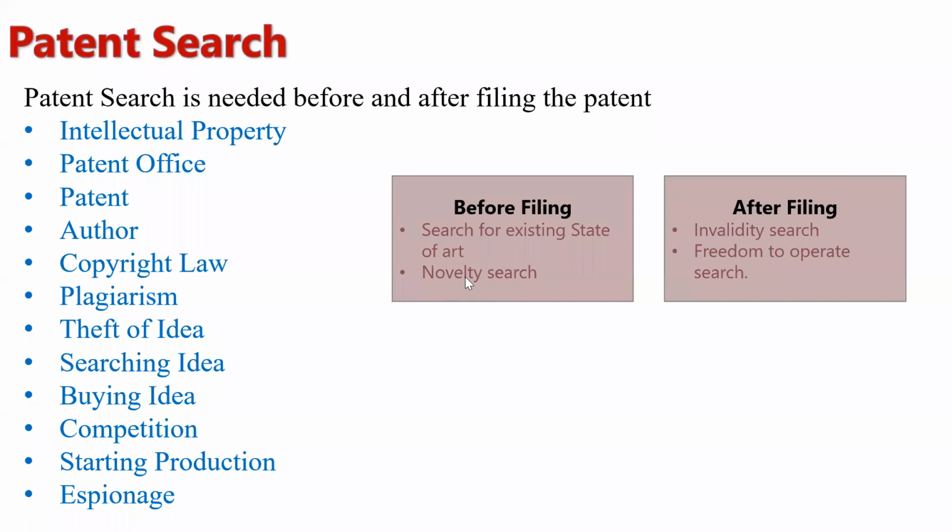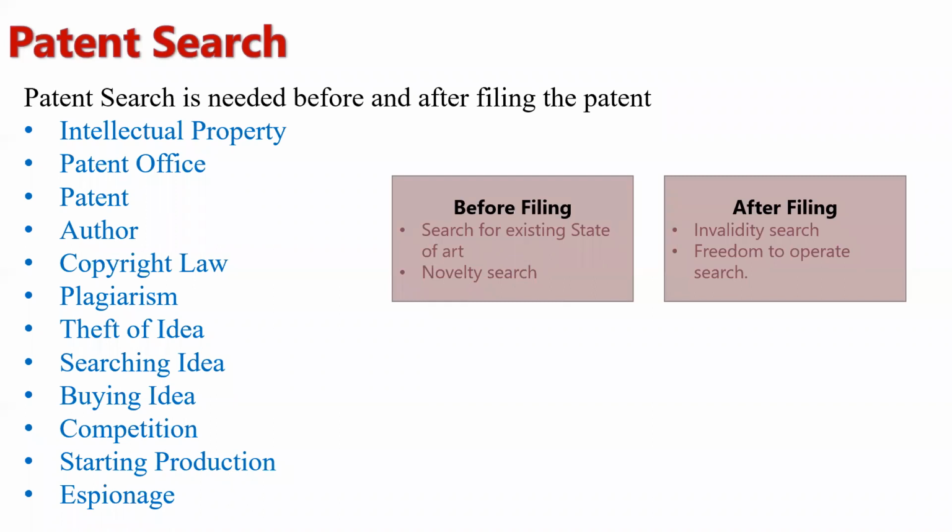Next is the novelty search. This search also you can do prior to filing a patent application, and it verifies that the invention is new and whether you qualify for a patent. So this will help you see whether your product is novel or not.